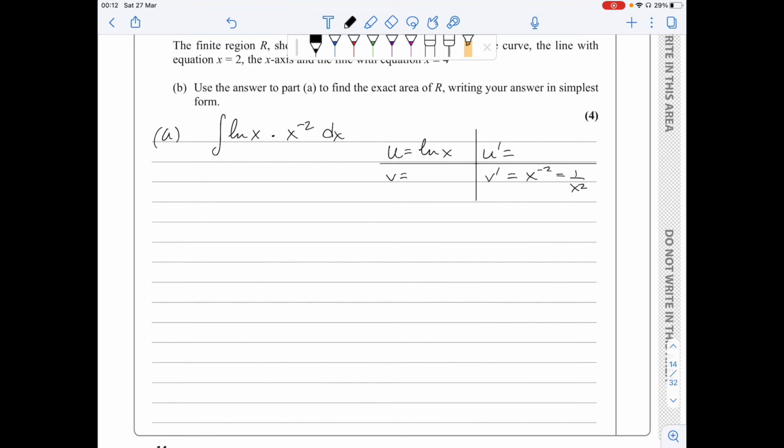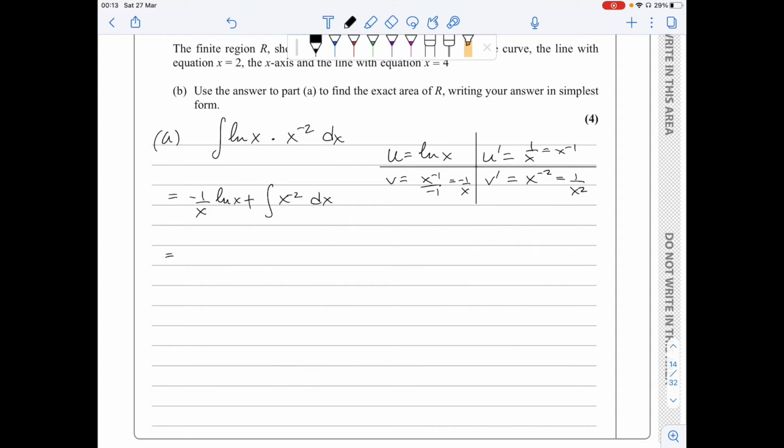If I differentiate u, I will get 1 over x, or x to the minus 1. If I integrate v dash, I will get x to the minus 1 over minus 1, which is equivalent to minus 1 over x. So the integral becomes minus 1 over x ln x minus the integral of minus, so minus minus equals plus, of x to the minus 2 dx.